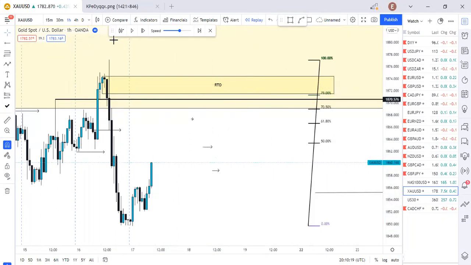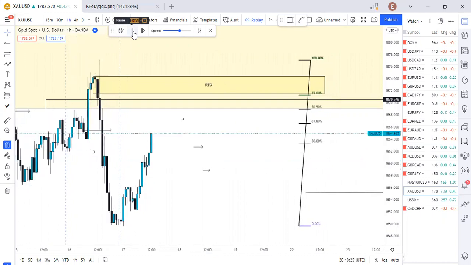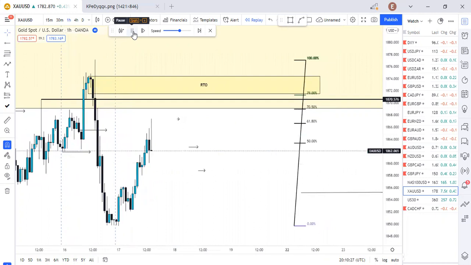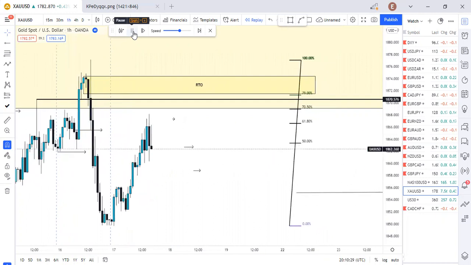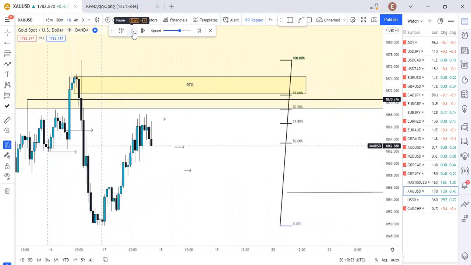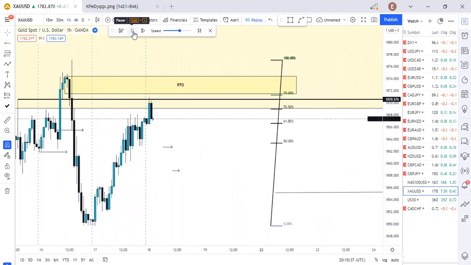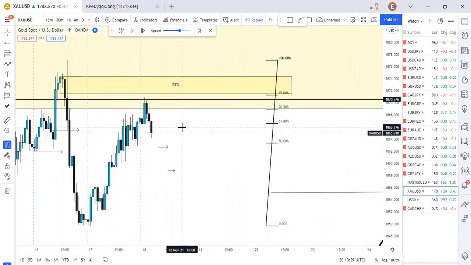Okay, so let's see how it played out. I missed getting into the market by just a few pips.